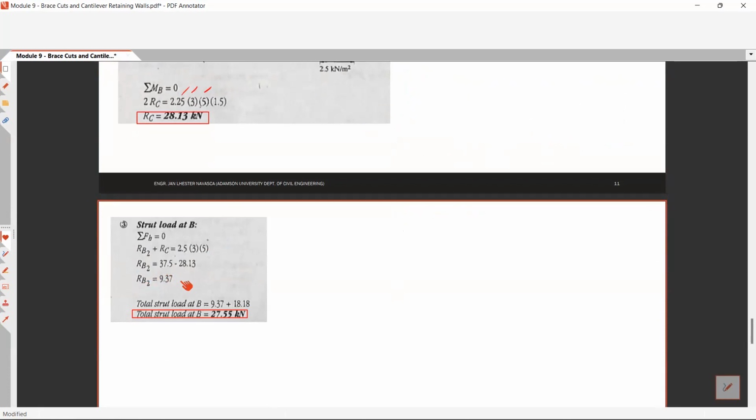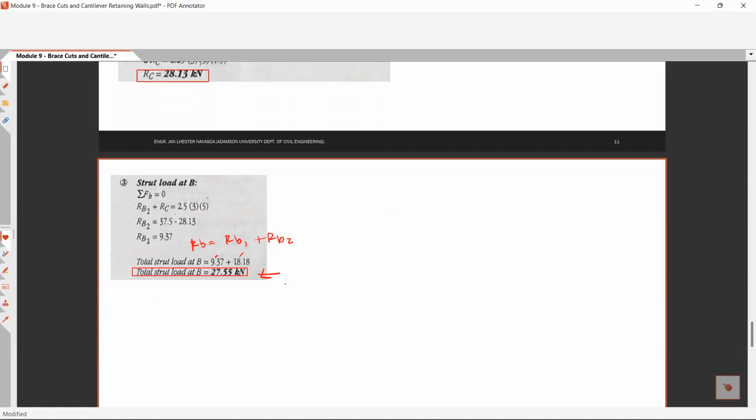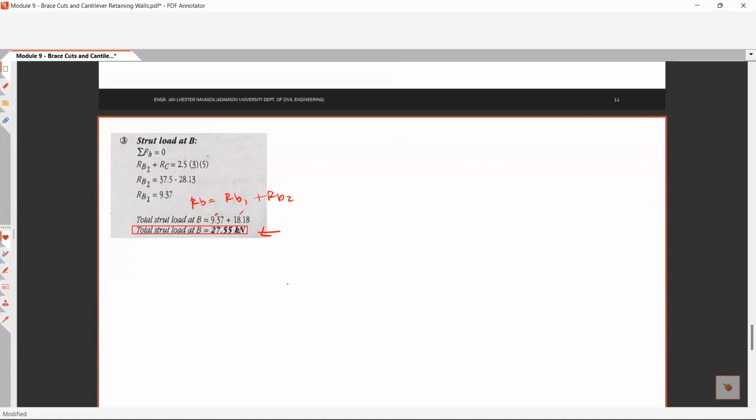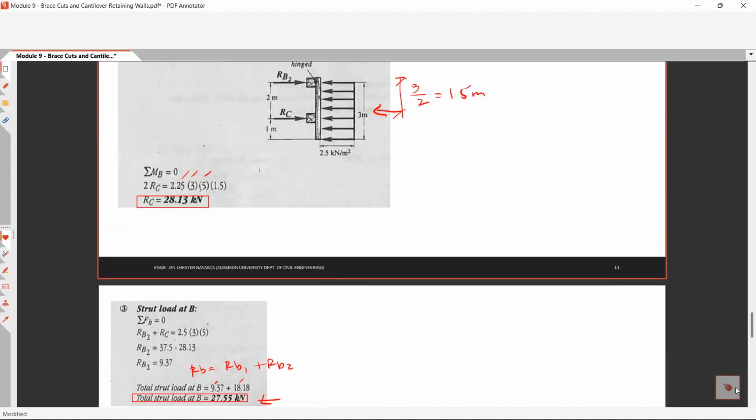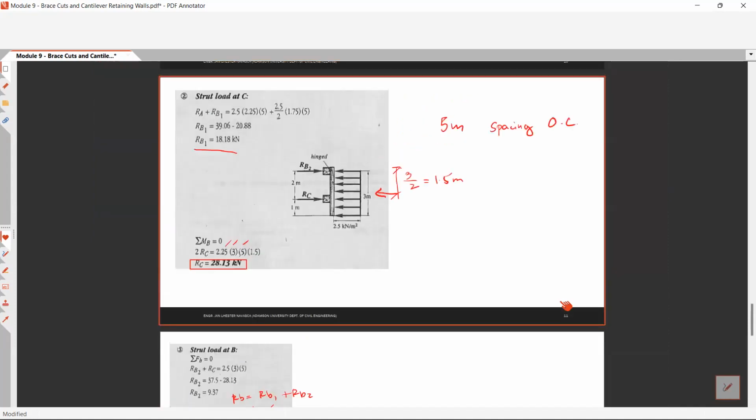So RB is equal to RB1 plus RB2, therefore 9.37 plus 18.18. You have the strut load at B to be 27.55 kilonewtons. That is how you solve for the lateral pressure on brace cuts.